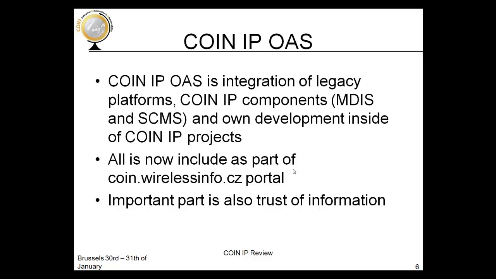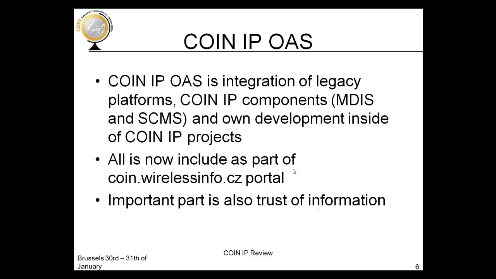We have also considered one other aspect which is very important for farmers, and that is trust of information, because farmers are willing to share information or put information on the cloud only when they are sure that only the people they allow to share information will use it.